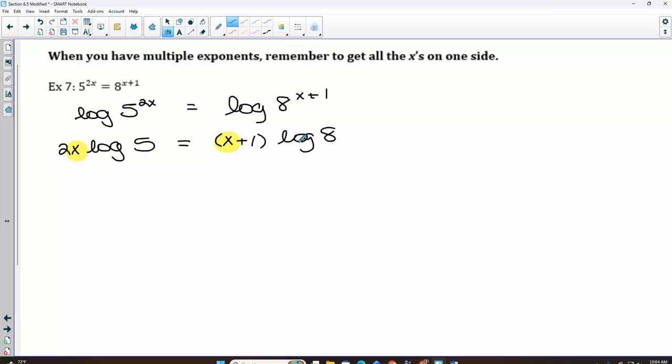What should I do with this log 8 then? We have to distribute it. Now, the x gets multiplied with it. It doesn't change the argument, it goes in front. So we have 2x log 5 equals x log 8 plus 1 times log 8 is just log 8.